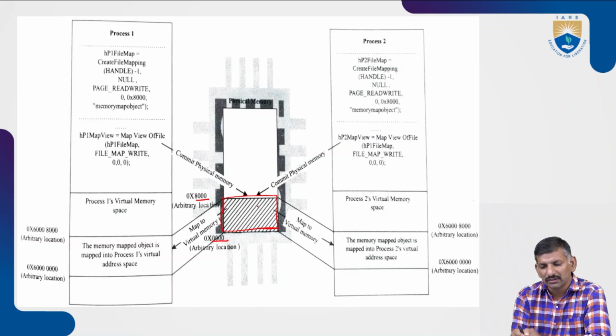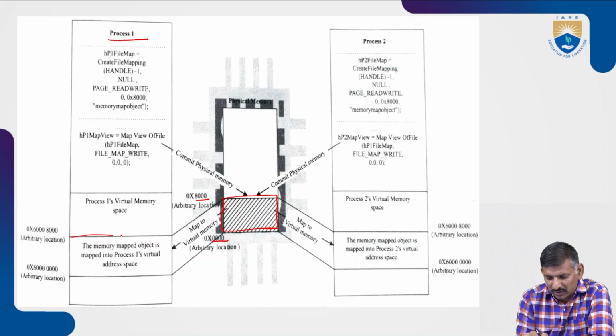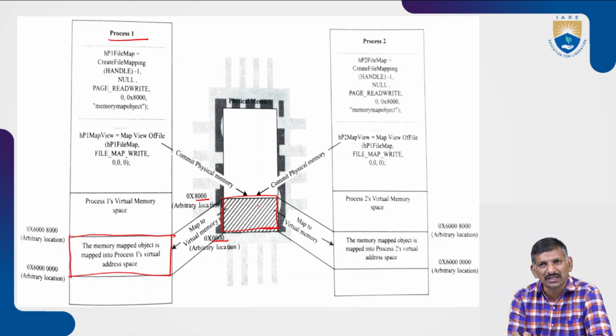From this, the process which wants to write the data maps it to its virtual memory space. First, it maps the virtual memory to the fixed or physical memory.